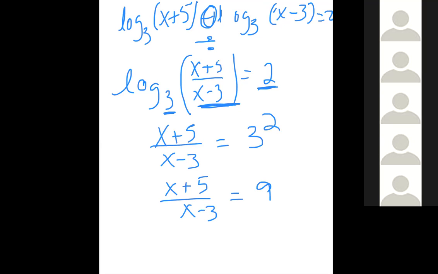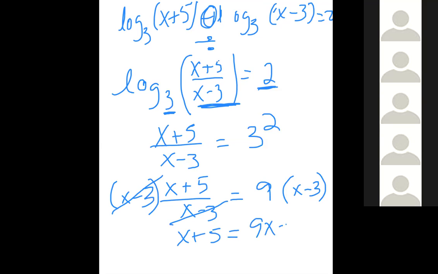Now, I am going to multiply both sides by x minus 3 to solve the problem. So the x minus 3's cancel out, leaving me with x plus 5 is equal to 9x minus 27. And then I need to finish it out, guys. Solve it out, finish it. So on this one right here, I would subtract the x from both sides.